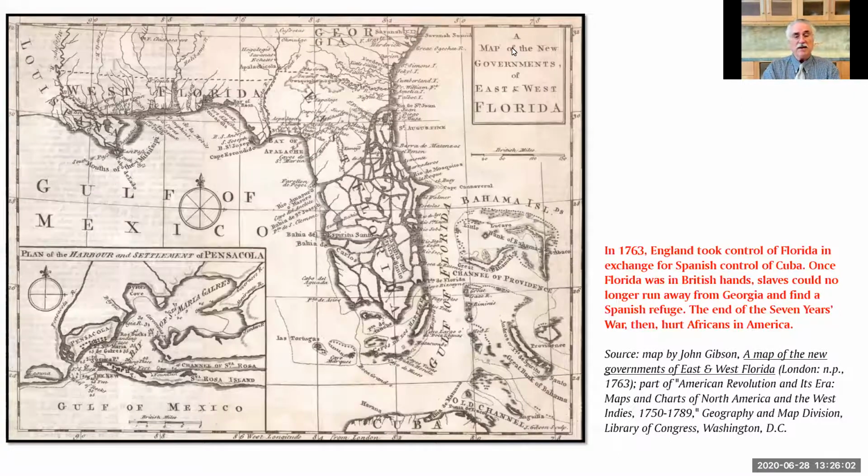So you can see on this map, in 1763, England took control of Florida in exchange for Spanish control of Cuba. It was sort of a switch like that. Once Florida was in British hands, slaves could no longer run away from Georgia and find a Spanish refuge. The end of the 7 Years' War then hurt Africans in America a great deal.